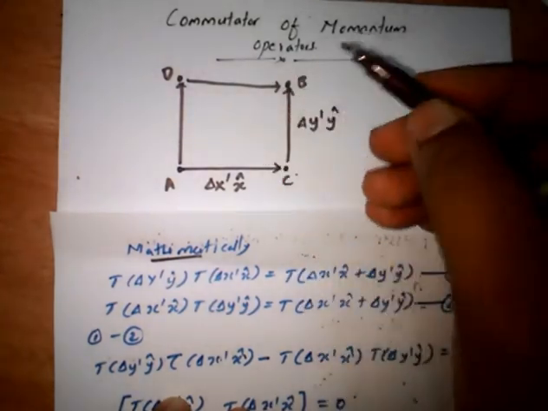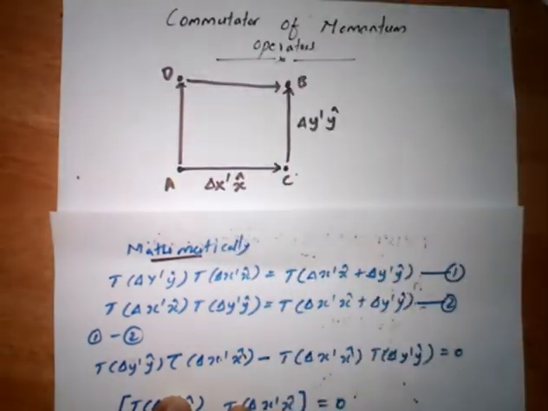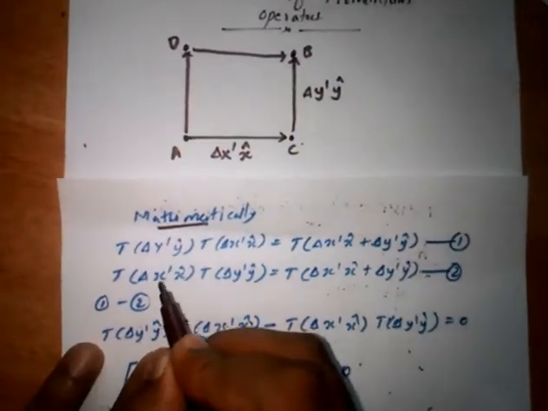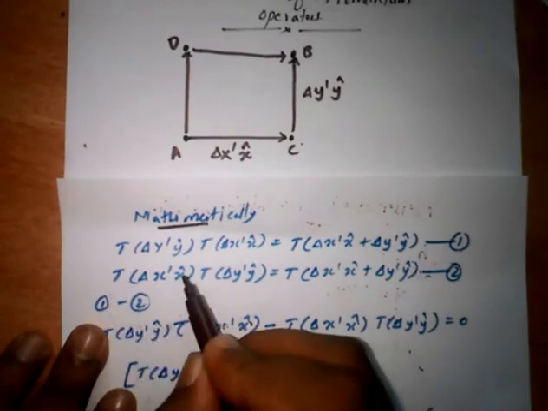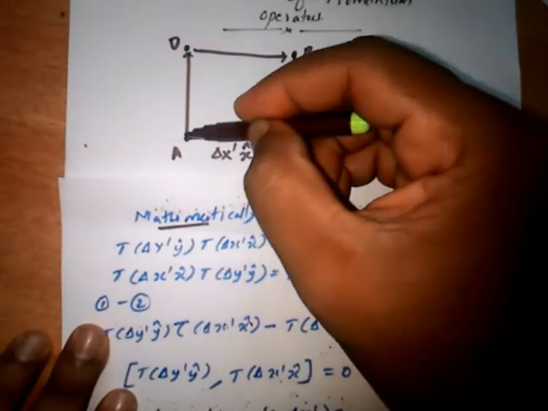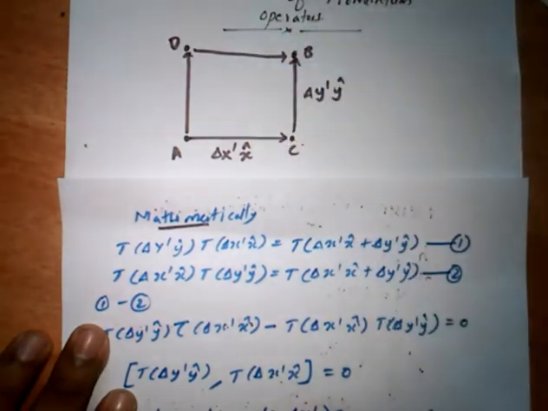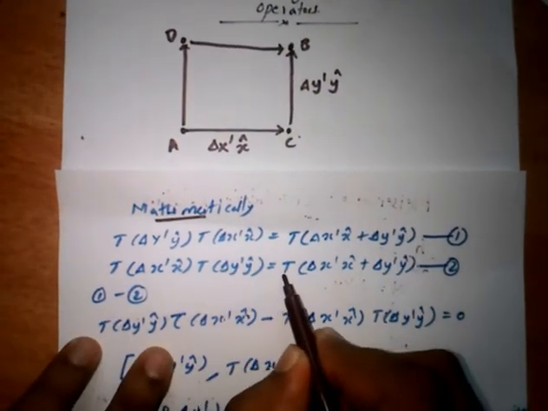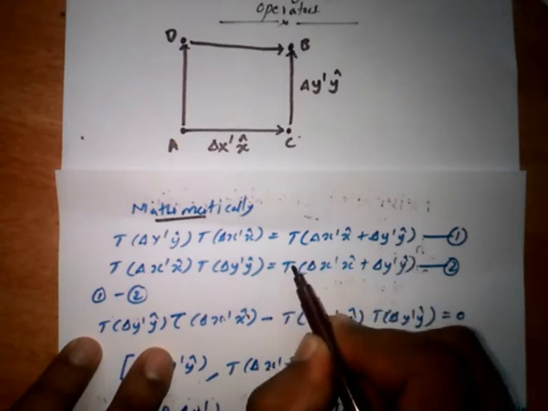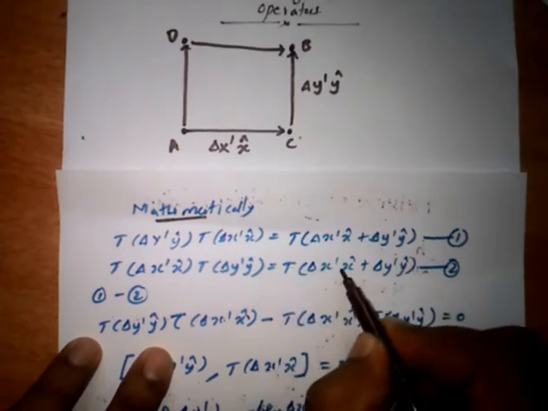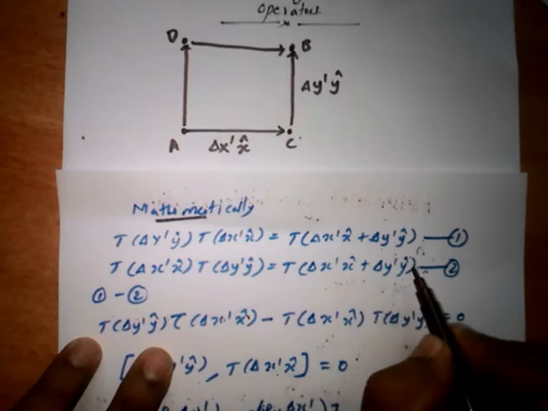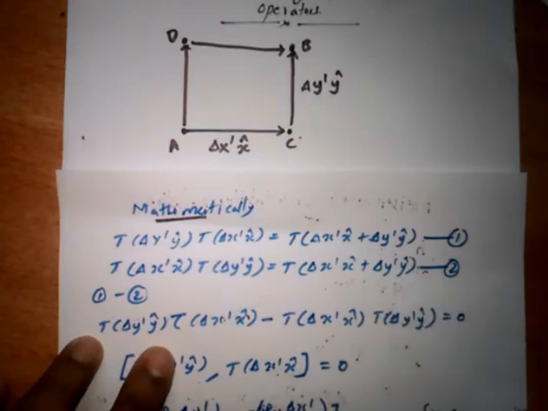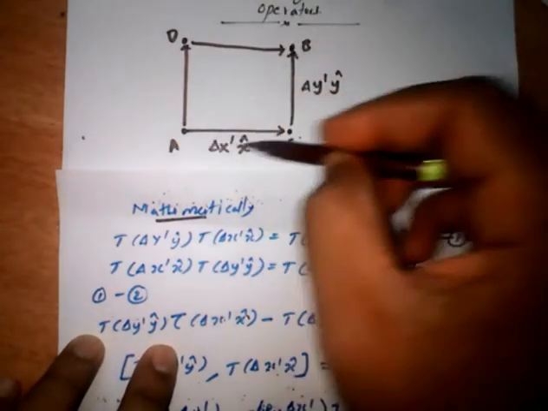And if we go via the point D, then we write T of delta x dash x cap into T of delta y dash y cap equal to T of delta x dash x cap plus delta y dash y cap. It doesn't matter whether we go this way or this way.